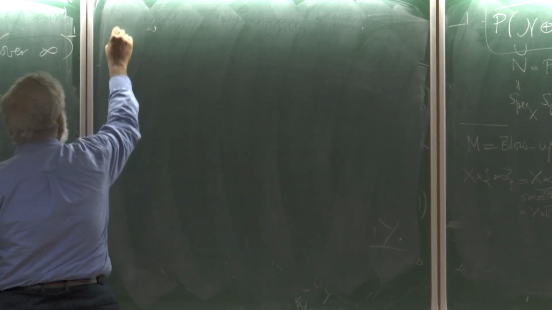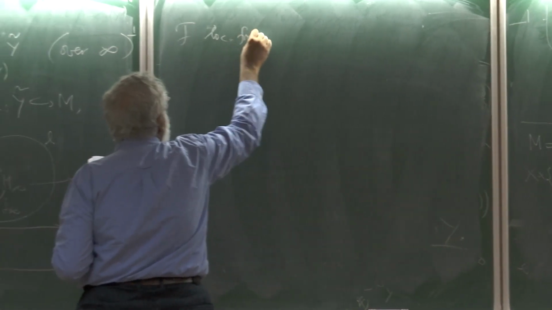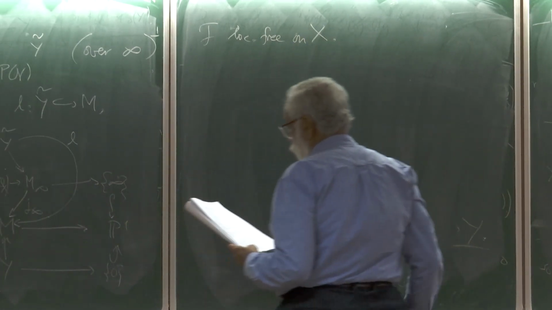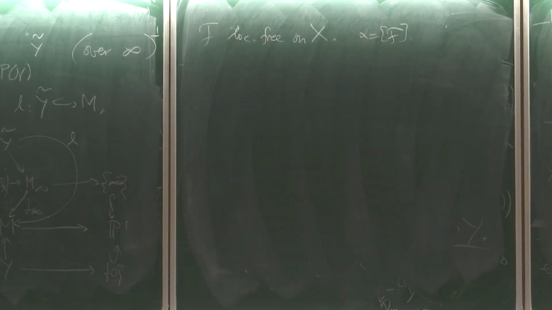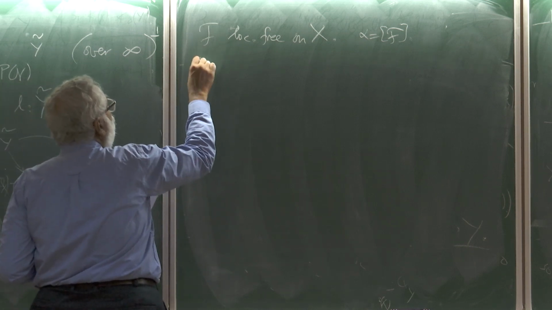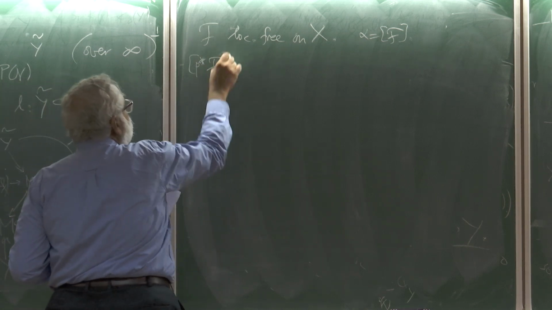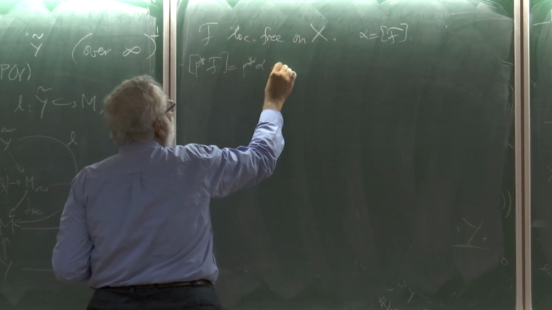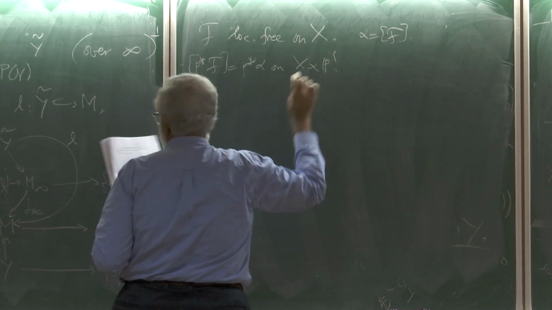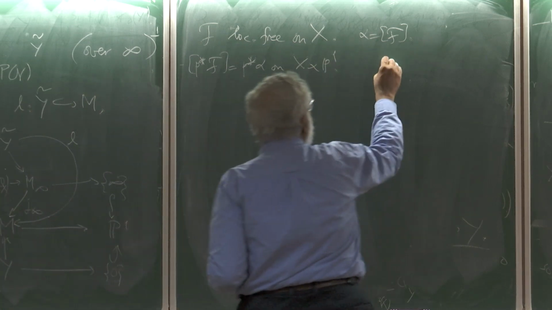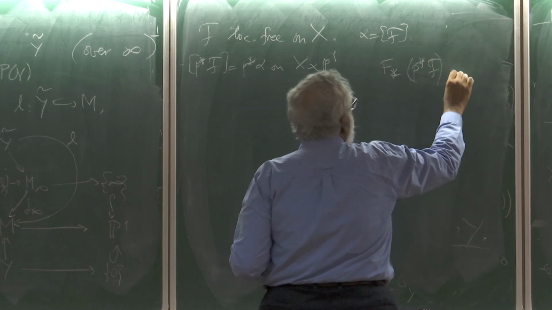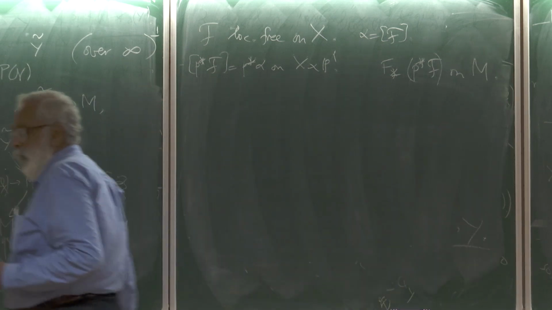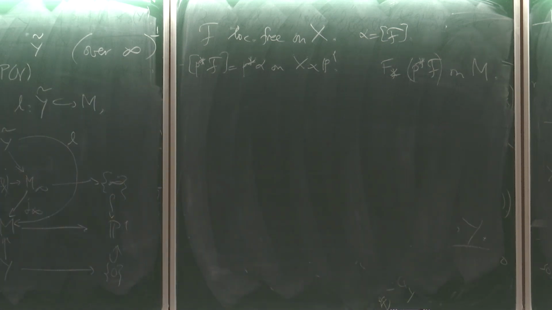So I start with F locally free on X, alpha its class. And then I consider P upper star F, with class P upper star alpha on X cross P1. And then I can look at F lower star of P upper star F on M. This is some coherent sheaf on M. M is non-singular, so it has a resolution by vector bundles.